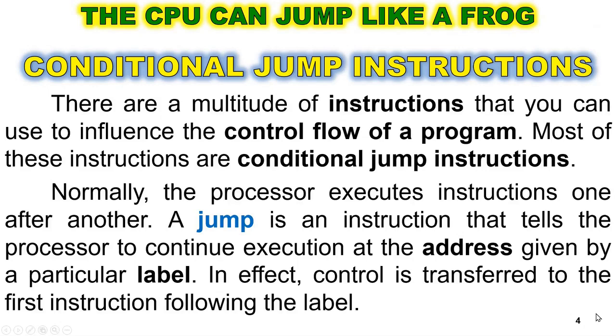Normally, the processor executes instructions one after another. A jump is an instruction that tells the processor to continue execution at the given address, which is particularly a label. Assign a label name. In effect, control is transferred to the first instruction following the label. So the CPU can jump like a frog.